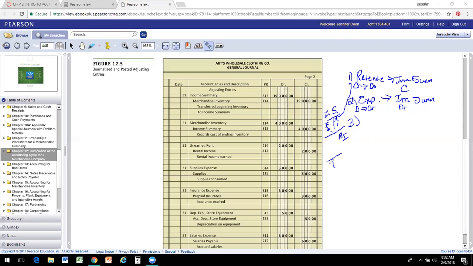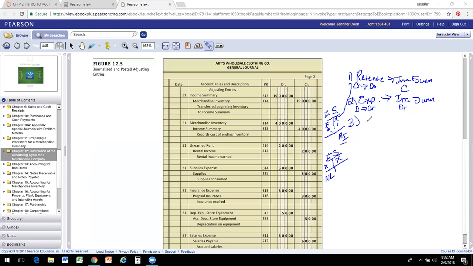Now, if you did this for income summary and your debit was bigger than your credit, that would mean your balance would be on the debit side, and that would represent a net loss. You have to figure out which side is the balance. Usually we have net income, and usually there is a credit balance.